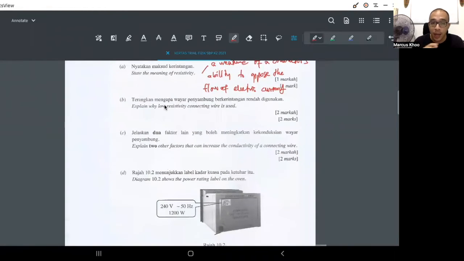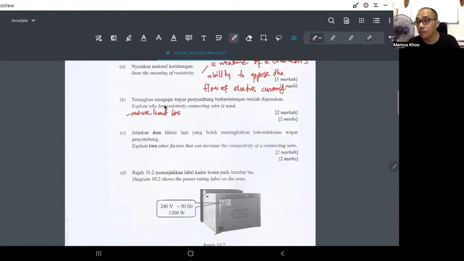Now, explain why a low resistivity connecting wire is used. It's only 2 marks, so you just give 2 reasons. Why do we use low resistivity? Number 1, to reduce heat loss.